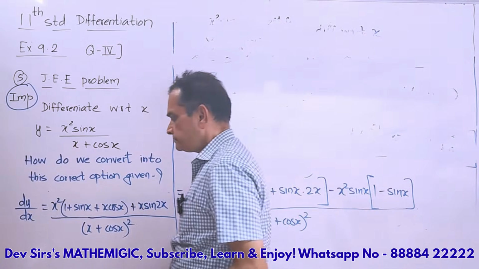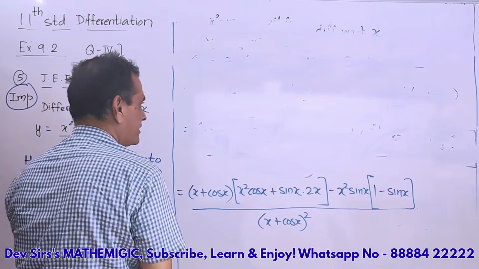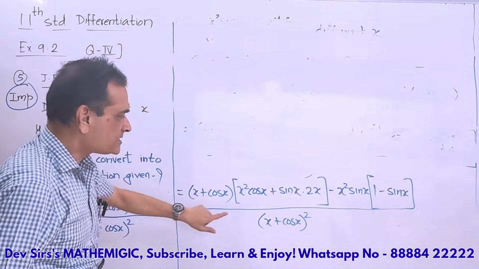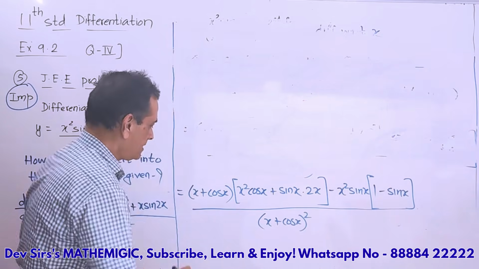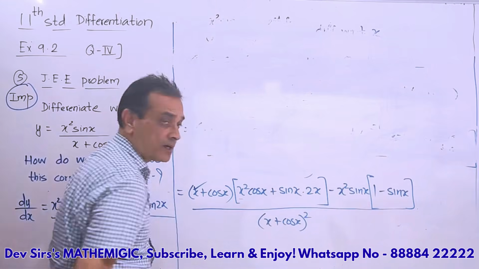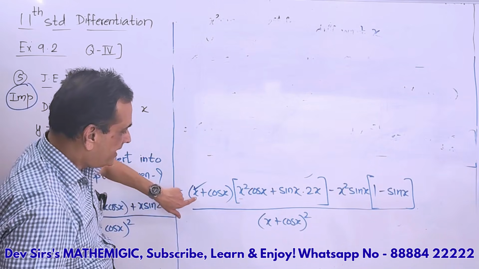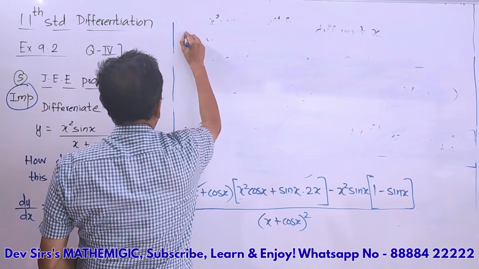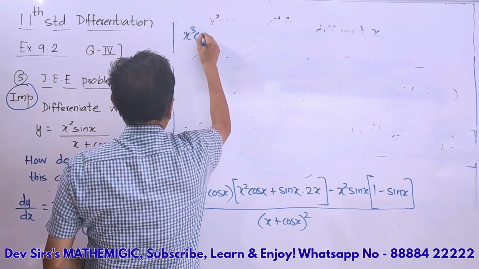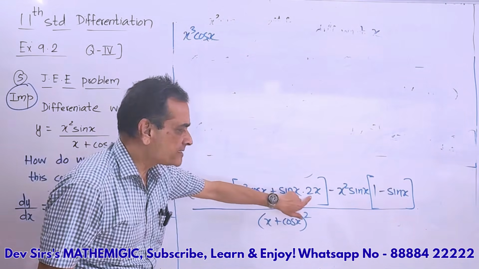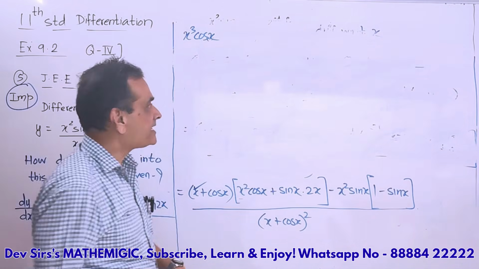Okay, let's see. देखो, first it is just basic maths. Taking x, I am going to multiply this bracket. Just concentrate on x. x into x squared, x cube cos x. x into 2x, 2x squared sin x.